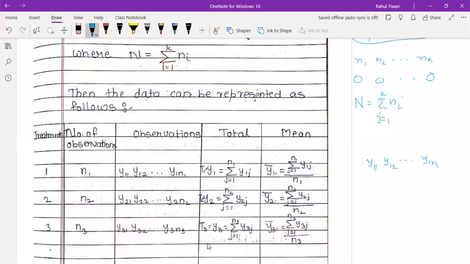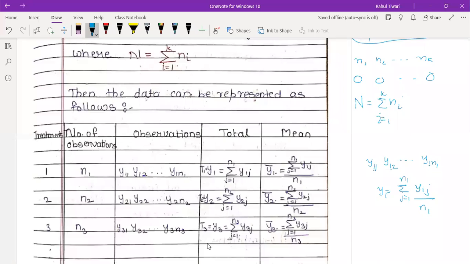So to get the mean, I need to divide by the number of observations. This is the summation over j, where j is running from 1 to ni, that is n1, the number of observations, of y1j upon n1.